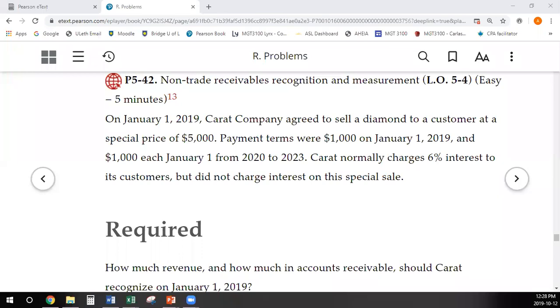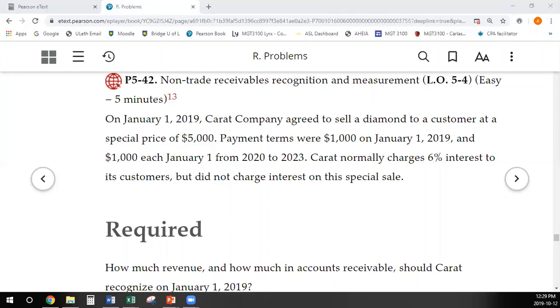So problem 5-42 on page 242. On January 1st, 2019, Carrot Company agreed to sell a diamond to a customer at a special price of $5,000. The payment terms were $1,000 on that day, January 1st, 2019, and then $1,000 every January 1st from 2020 to 2023.